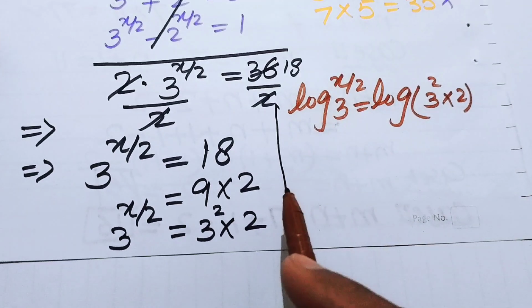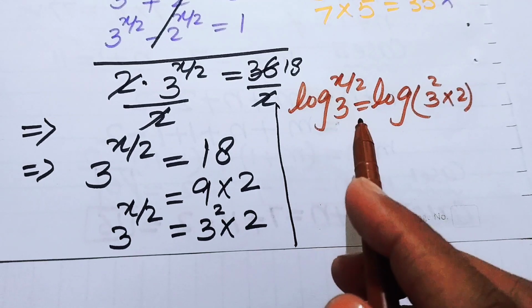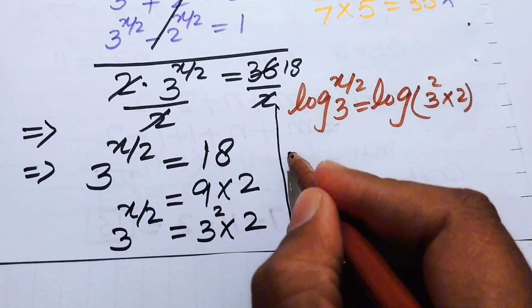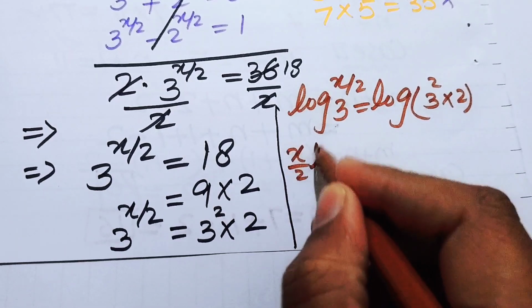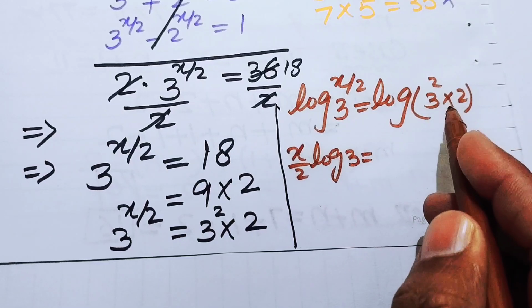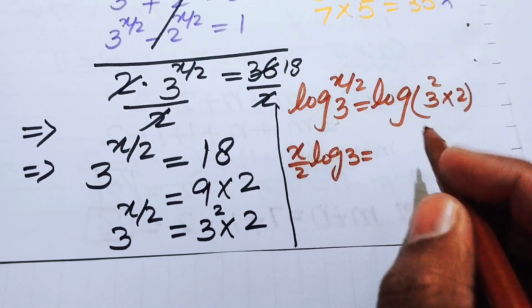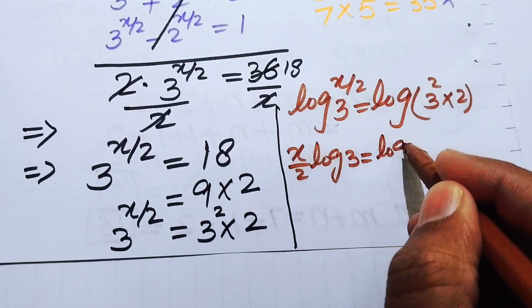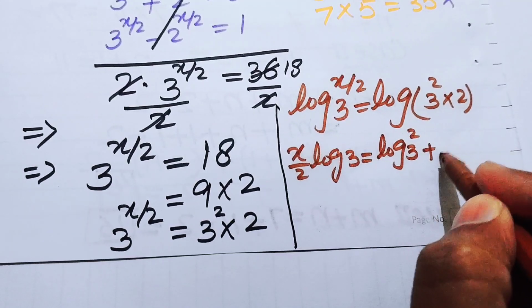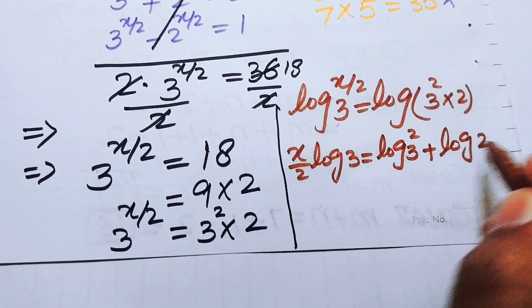And here we use the properties of log on both of the sides, and we move this x over 2 in the front of this log, and you get x over 2 times log 3 equals, here we multiply these two terms under the sign of log, so we separate the log and add these terms, and we write in this way log 3 square plus log 2.